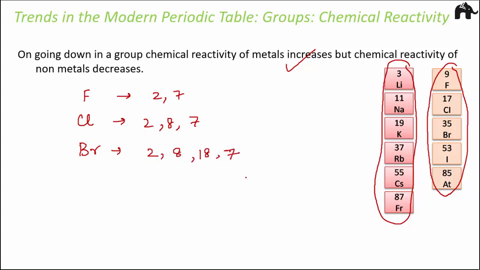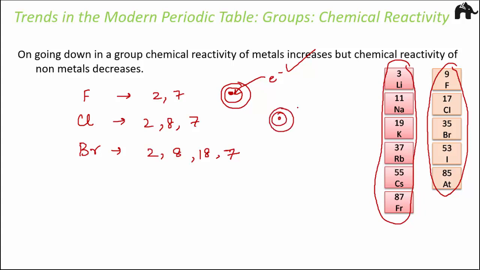Now in this case, what is happening? For fluorine, it is small in size. Therefore, it can attract electrons easily, because at the end of the day, who has to attract electrons? The nucleus, the positively charged protons in the nucleus, right? Since the size is small, it can easily attract electrons from outside, because the non-metals want to gain electrons, right? But for chlorine, what is happening?